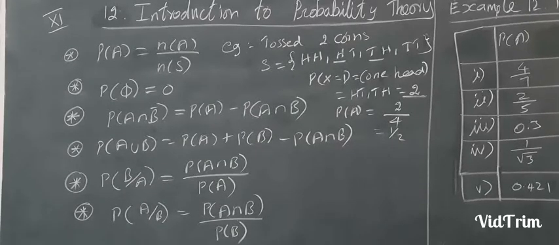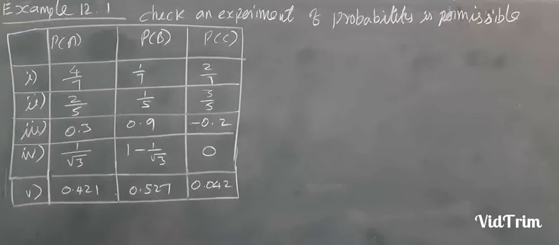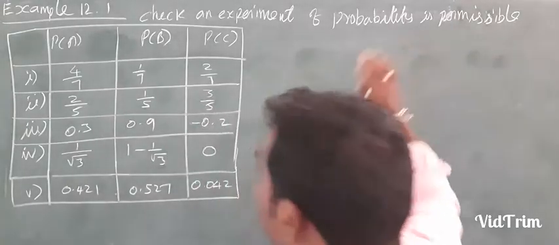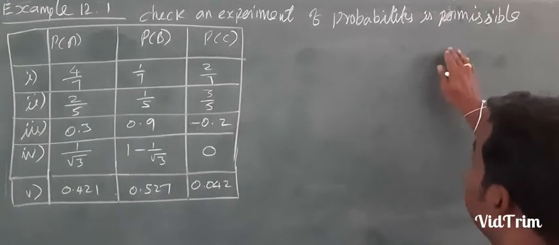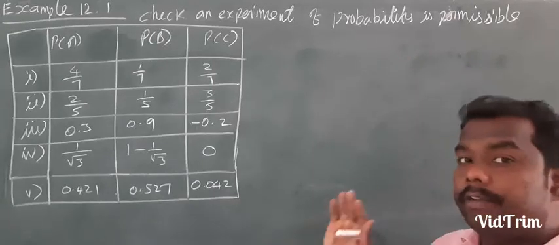Now we are going to solve example 12.1. Check whether each assignment of probabilities to an experiment is permissible or not. Permissible means, as I already told you, the total probability value is 1.